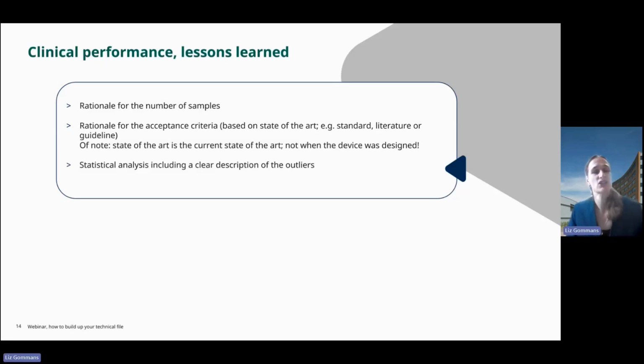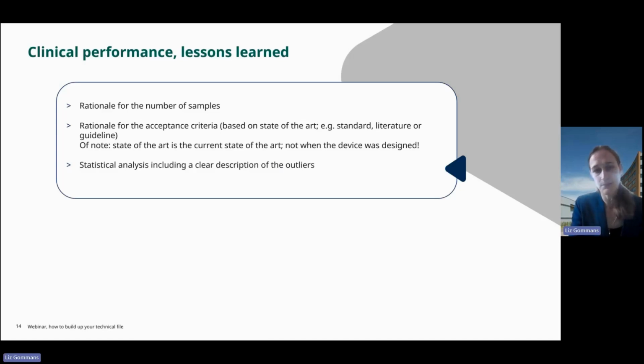But you need a rationale why this acceptance criteria is okay. As I said before, state of the art is now, not back then. And a statistical analysis, including a clear description of outliers. Outliers happen, but you need a clear description of why it's an outlier, preferably with statistical analysis, etc.